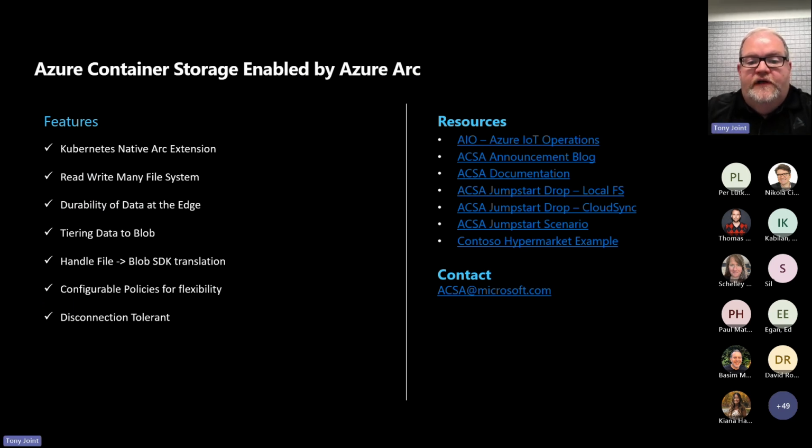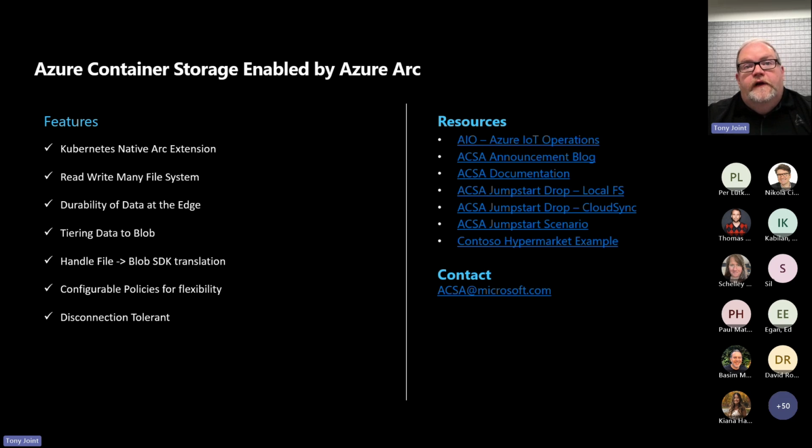As I mentioned, ACSA is available now and is installed by default as part of Azure IoT Operations. If you look on the resources here on this slide, we've got links to several other ways that you can consume or test out Azure Container Storage enabled by Azure Arc.